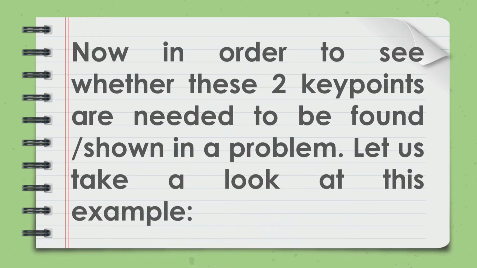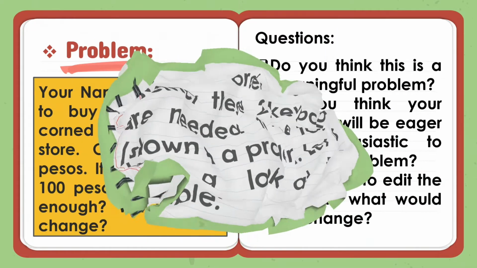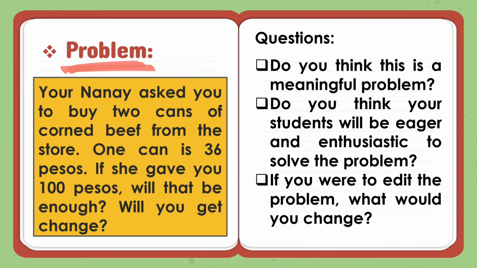Now, in order to see whether these two key points need to be found or shown in a problem, let us take a look at this example. Problem number 1. Your nanay asks you to buy 2 cans of corned beef from the store. One can is 36 pesos. If she gave you 100 pesos, will that be enough?